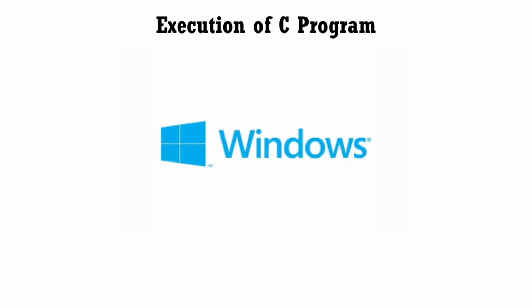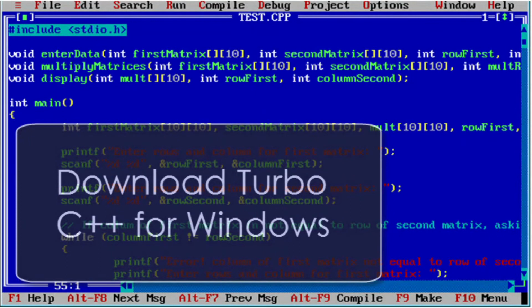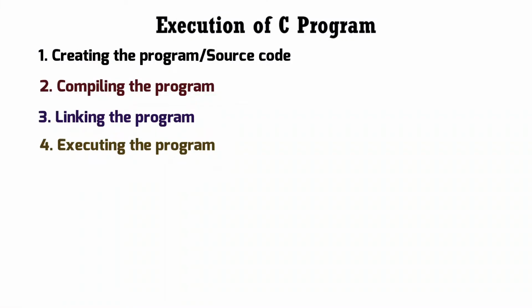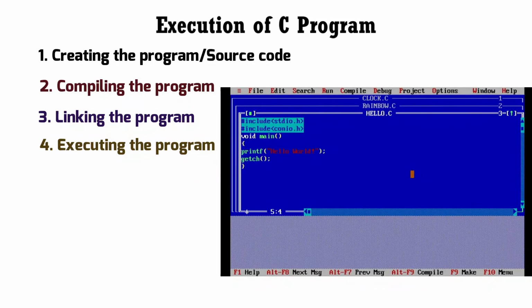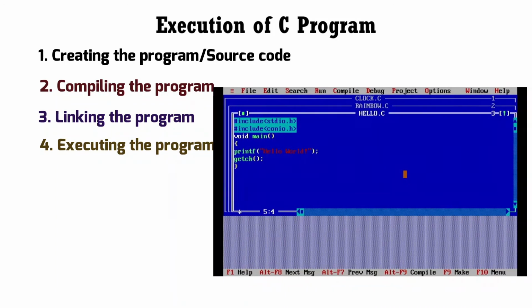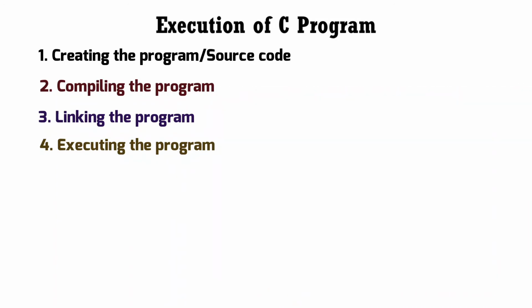Here I'll be using the Turbo C compiler, which is supported in the Windows operating system. We'll understand the four steps using the Turbo C compiler. In this video you'll understand how to create the C program, how to compile and how to run the program. So let us start with executing the C program.